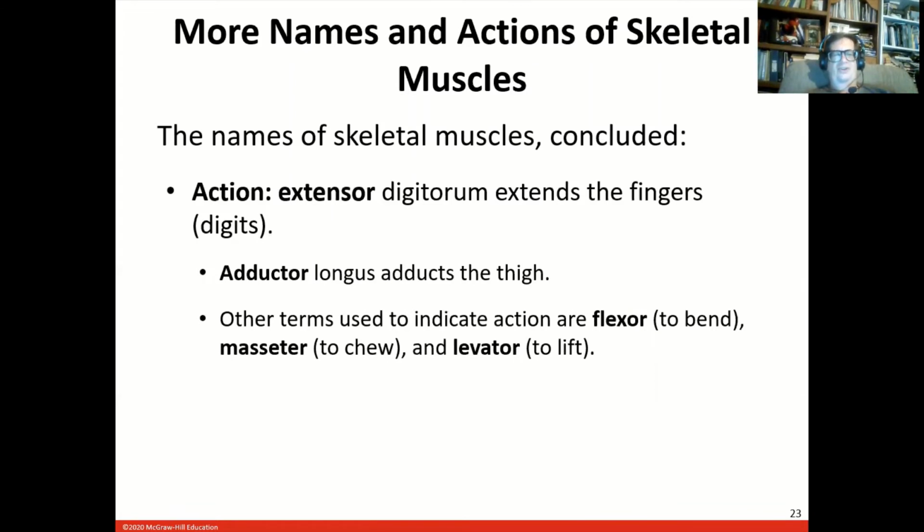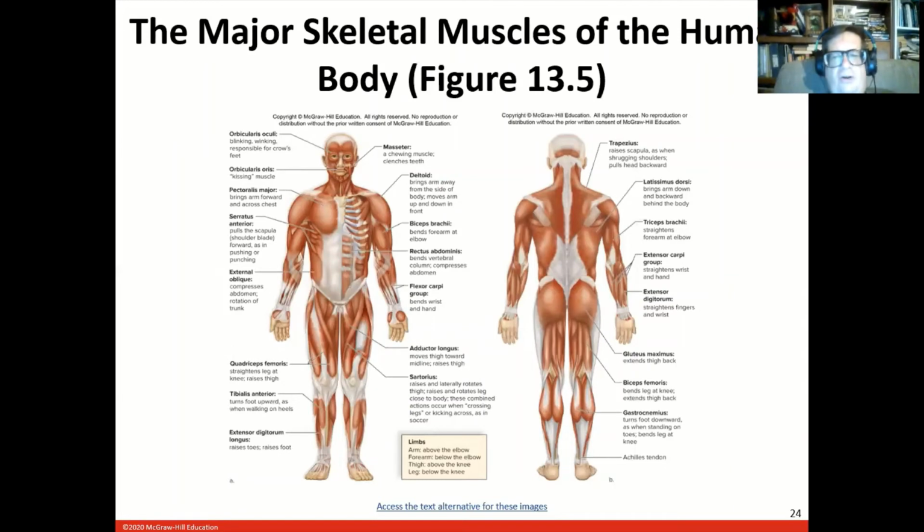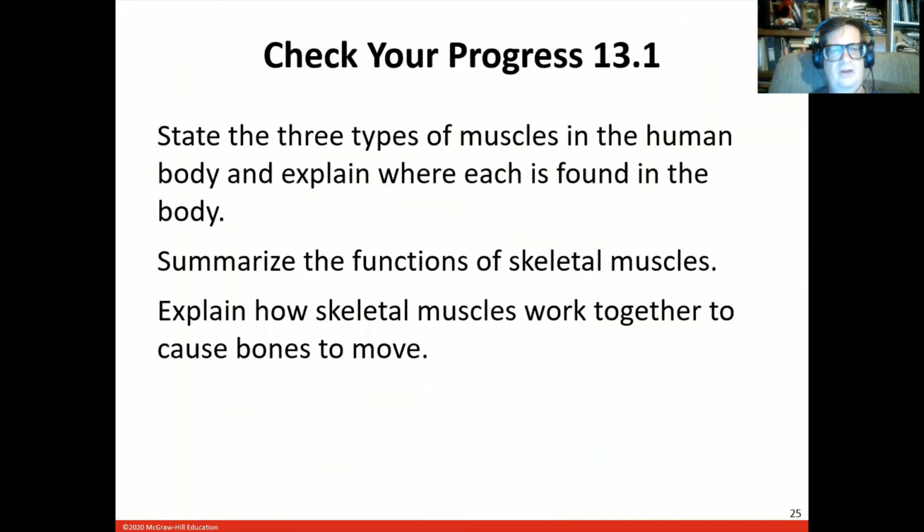It's not consistent. So if you look here on 13.5, that's a lot of muscles. Like, oh my God, but it's a lot less than there actually are. I would say definitely the things on this diagram, figure 13.5, those are all valid things that you should probably know.